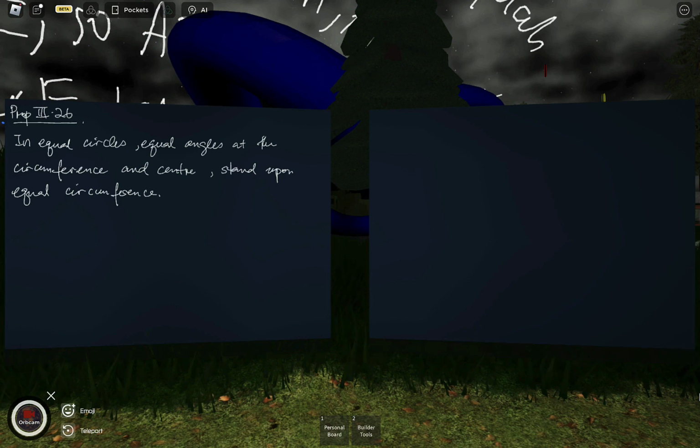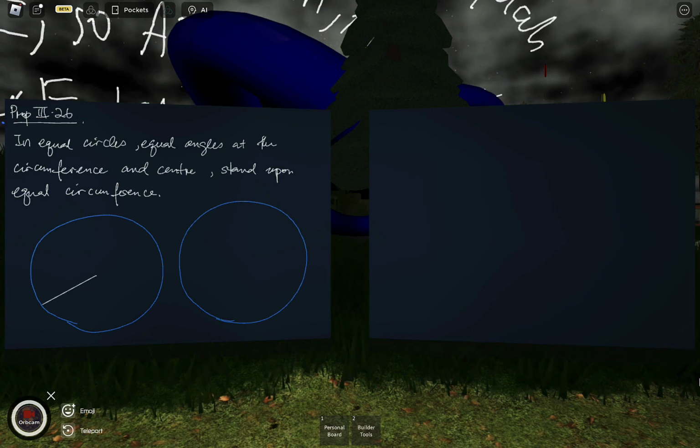Right. So I'm going to draw the circles. 2 circles. I don't know why I need 2 circles, but I'll draw 2 circles. Well, they're equal circles. So we're given 2 circles that are possibly distinct, but they're equal in the radii.